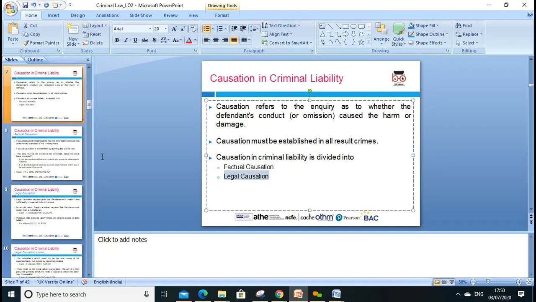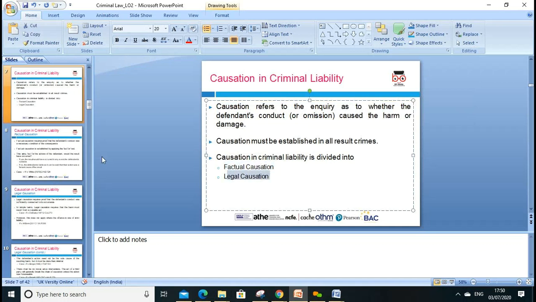So this term refers to the inquiry whether the defendant's conduct or omission caused harm or damage to someone.